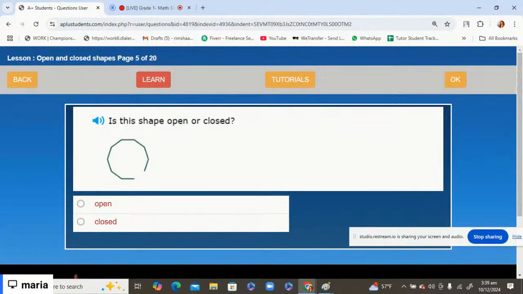Now check this one. Check everyone this and then tell me what's the answer of this one. Yes, is it open or closed? Tell me the answer in the chat please.